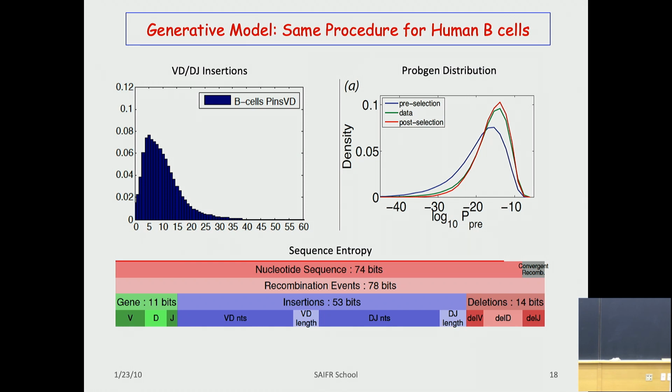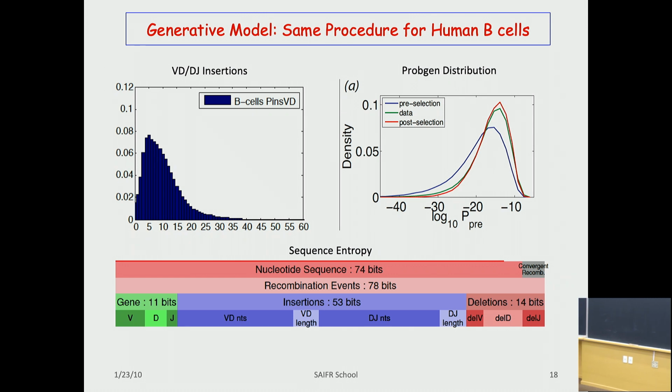If you follow that observation down the line, you discover that the net effect on sequence entropy of the B cell surface proteins is that instead of being 47 bits, the entropy is 74 bits. It's really quite remarkably larger. What did I say? 47, so it's 25 bits more or something like that. That's really quite a lot.